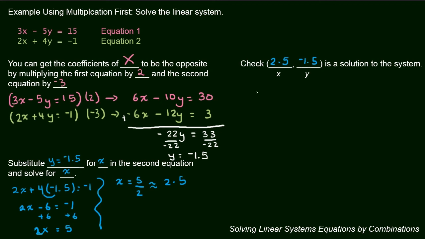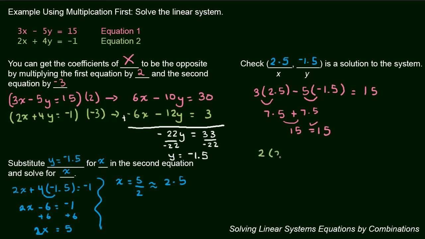So taking the first equation, I've got 3 times 2.5 minus 5 times negative 1.5. Does that equal 15? 3 times 2.5 is 7.5. Negative 5 times negative 1.5 is a positive 7.5, and when you add that, you do get 15, which is equal to 15. So it works in the first equation. Let's check the second. We've got 2 times 2.5 plus 4 times negative 1.5.